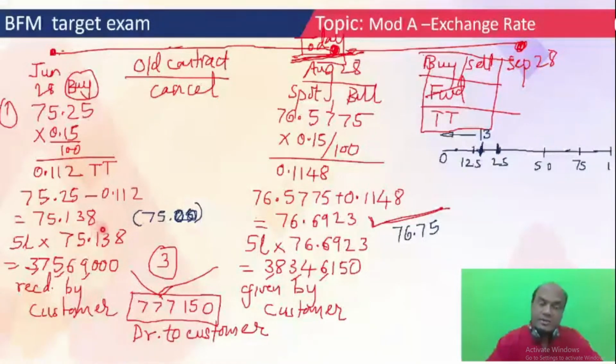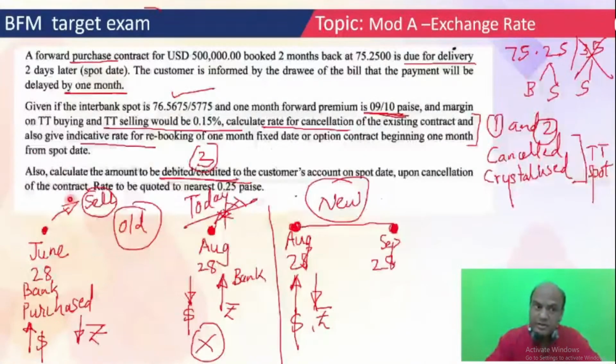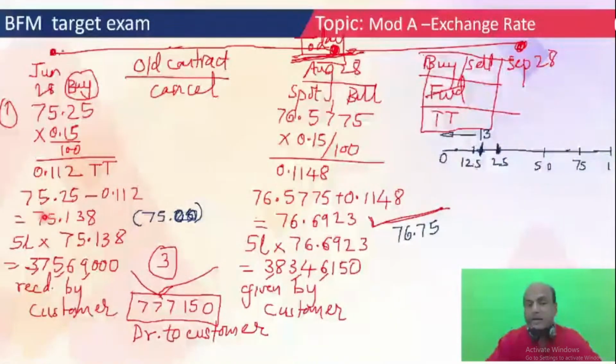Everyone type in the comment section if you are getting the same. 75.138. So this is my rate 2 months back. See here, we are all dealing in 2 months back. We have not come for today as of now. So 75.138 was the rate 2 months back.